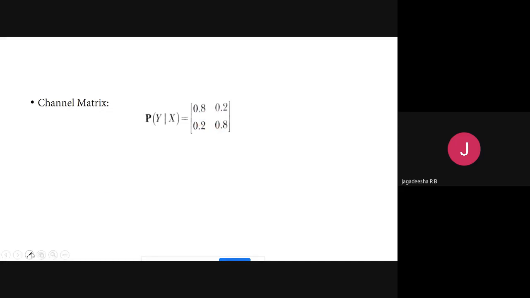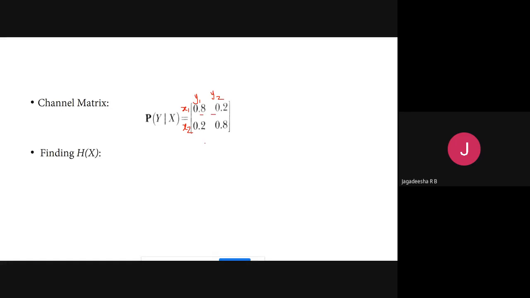Or to be specific, this is written like this, x1, x2, y1, y2. So we have x1 here and x2 here and y1 here and y2 here. Okay, so accordingly you have to fill these values.